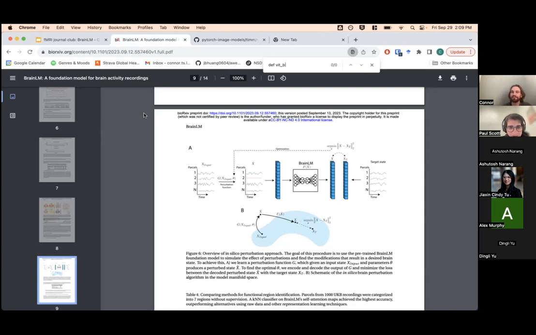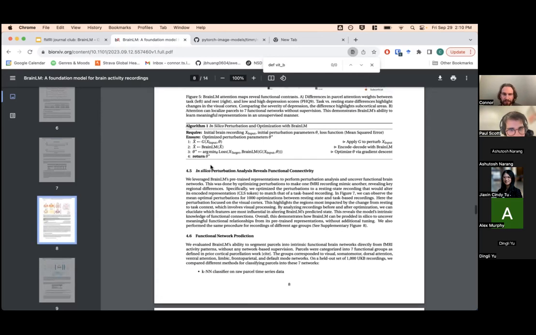I'm not sure if that's what the in silico perturbation part is. Because for the pre-training, you definitely don't need that. I guess the point is you want to adapt to some distribution shift, right?